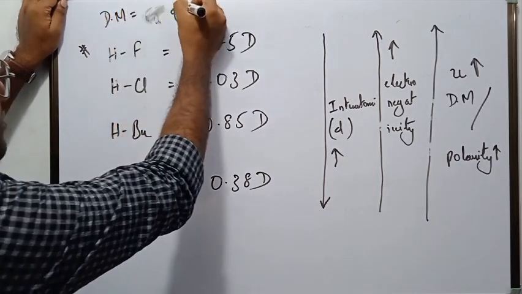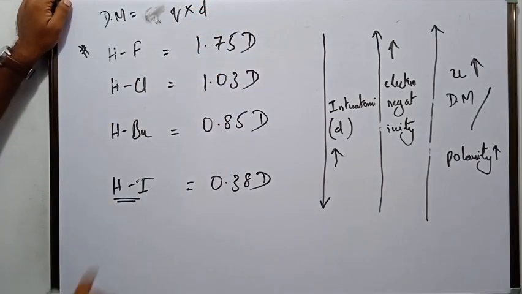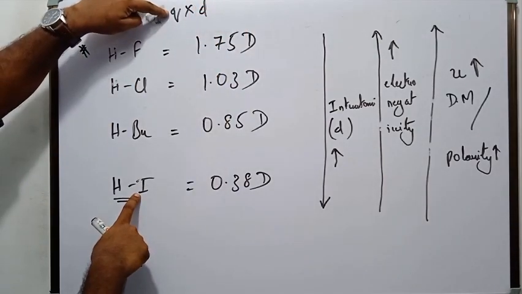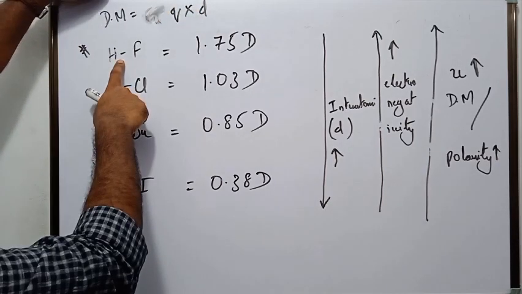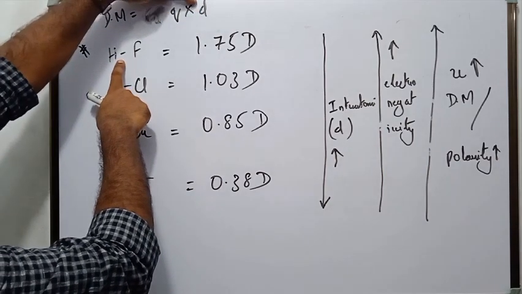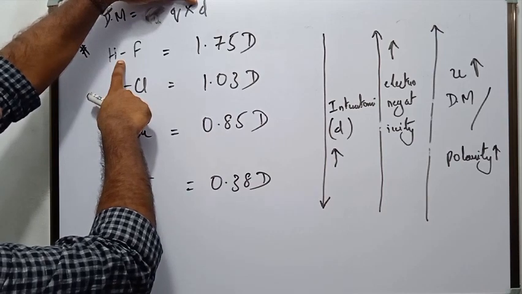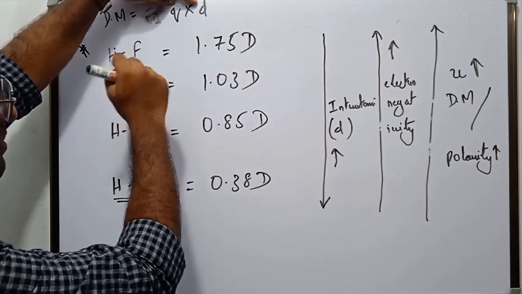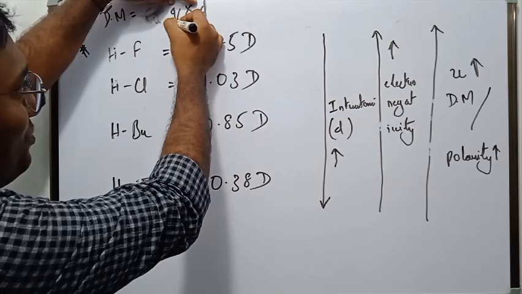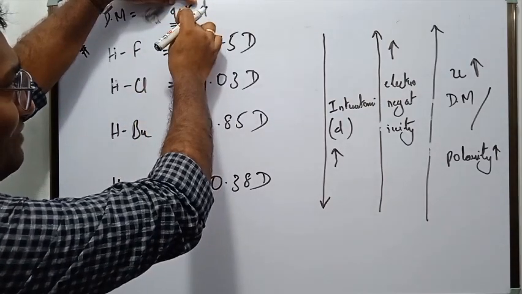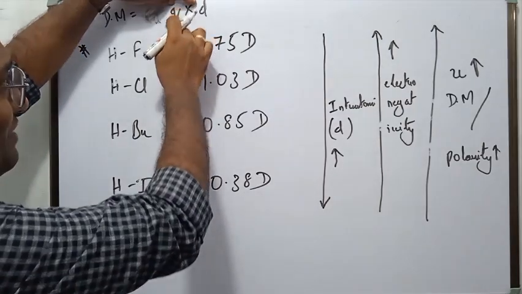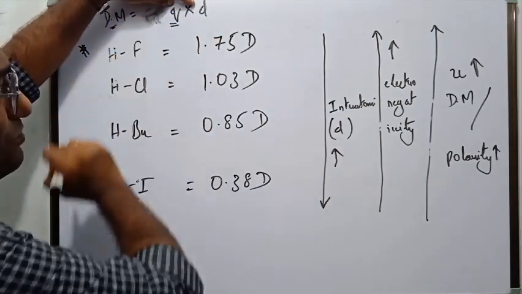Q into D. For HI, Q is less but D is high, correct? But for HF, Q is more and D is less. So the impact of Q is more. The impact of electronegativity difference is more, and that is why the dipole moment for HF is more.